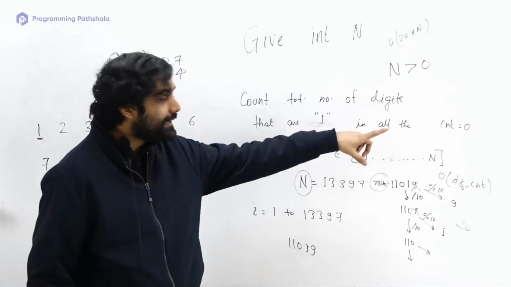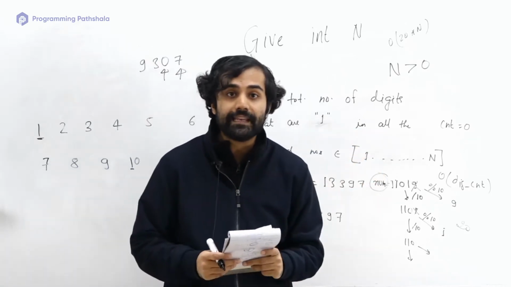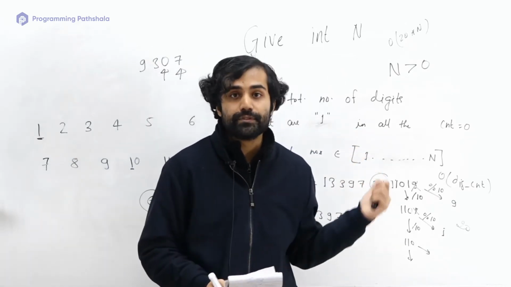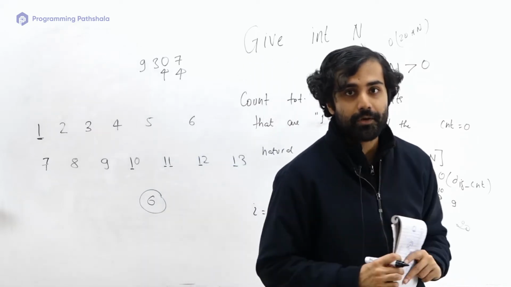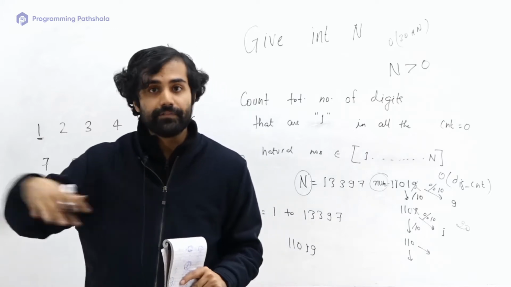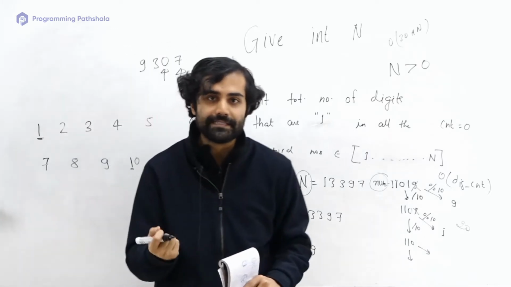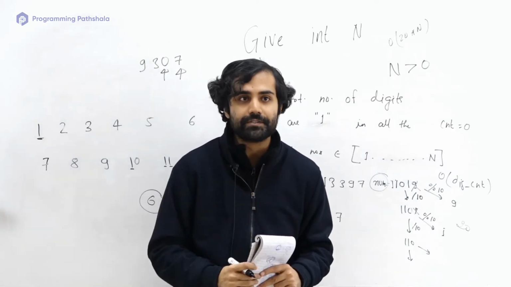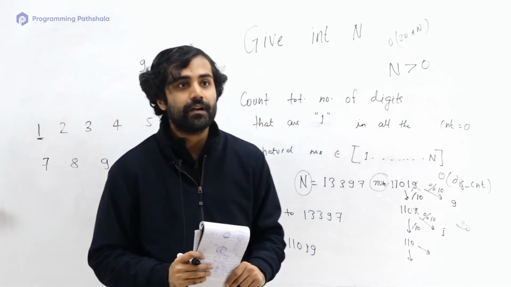But let's say your n is huge. If your n is something like 10 raised to power 18, then this approach is going to time out, right? Because your computer won't be able to do that many iterations, and even if it does, then the coding platform will say, hey, you timed out, I expected a better solution from you. Okay, cool.